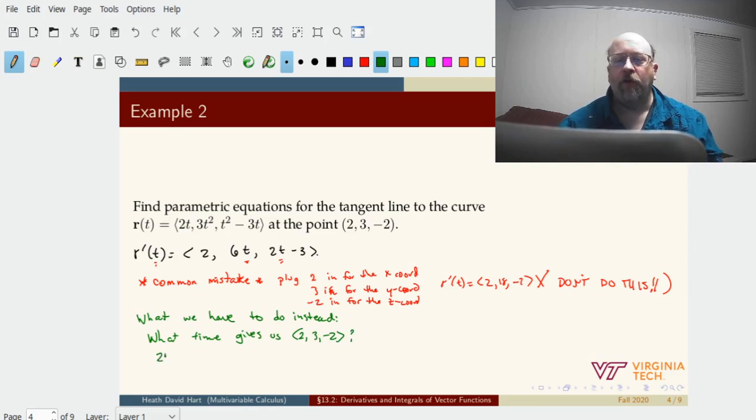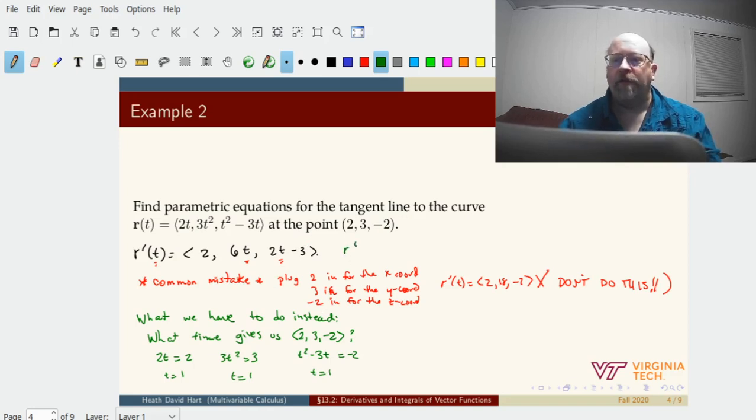So 2t is equal to 2, and 3t squared is equal to 3, and t squared minus 3t is equal to negative 2. And this happens when t is equal to 1. And so the time that this point is generated is time t equals 1.